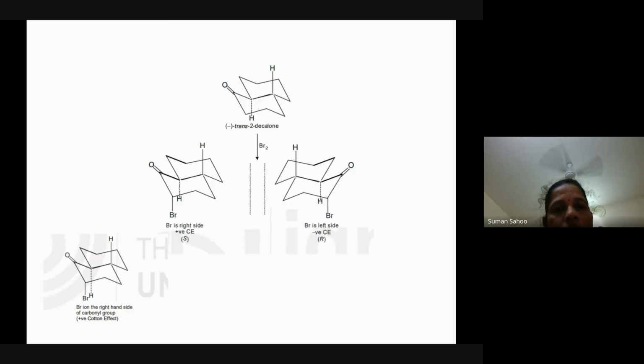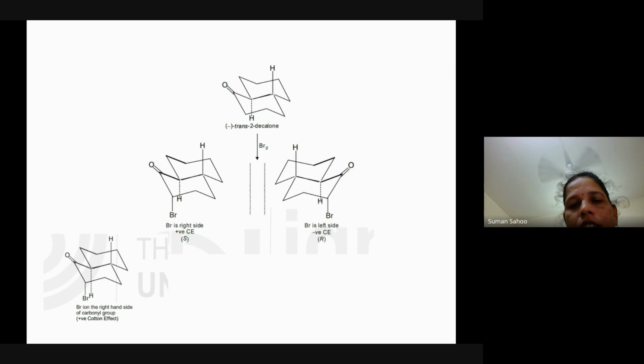Suppose in this molecule, trans-2-decalone, when we do the bromination, we can get either the S enantiomer or the R enantiomer. Then we do the ORD spectra. If we get a positive Cotton effect, we can say this bromine has to be on the right side.